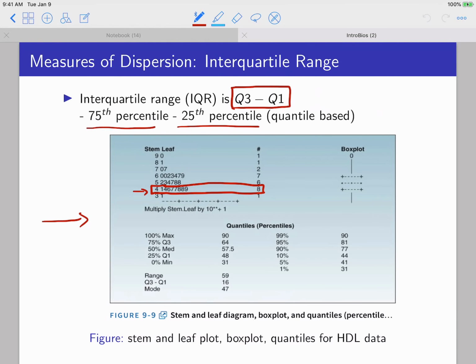That's precisely what you see here. You see those trailing leaves, and there were 8 numbers that occurred in the 40s, and so on and so forth.